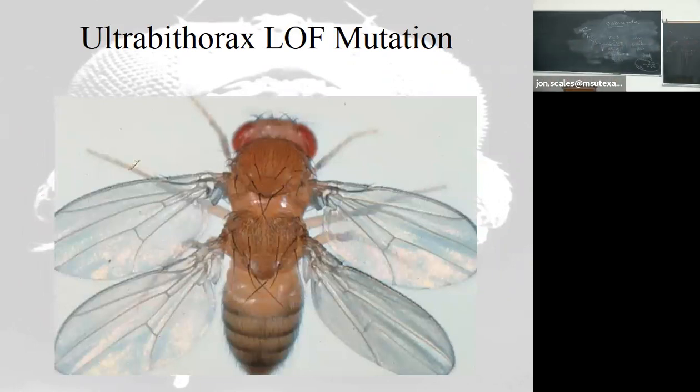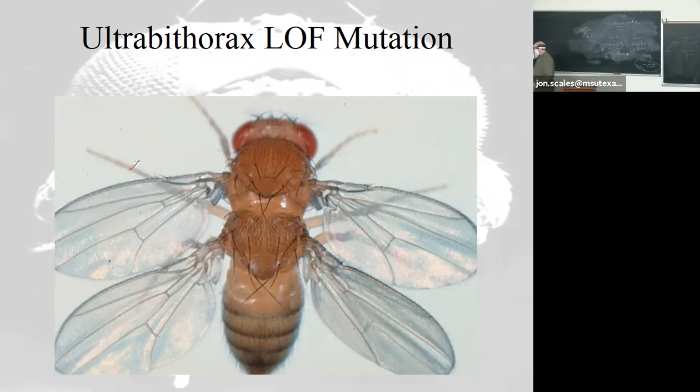The anterior function gets to come back. So you have an anterior transformation. This more posterior segment looks like its anterior neighbor. That's because UBX has lost its function.